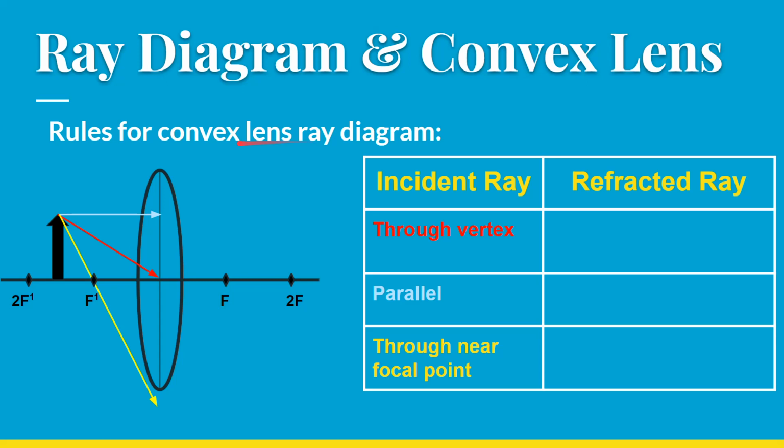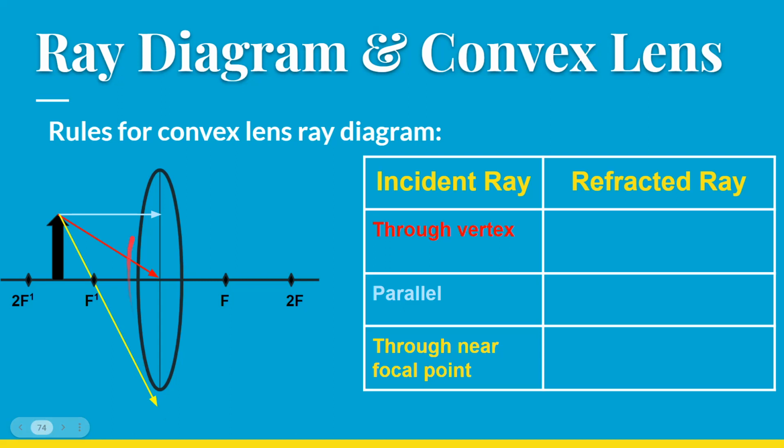Okay, so these are the rules for a convex lens ray diagram. First things first, you have some kind of object. Mine's an arrow, but whatever object you're looking at. I'm going to draw 3 different rays from this arrow to my lens, to the center of my lens, this is that optical axis.